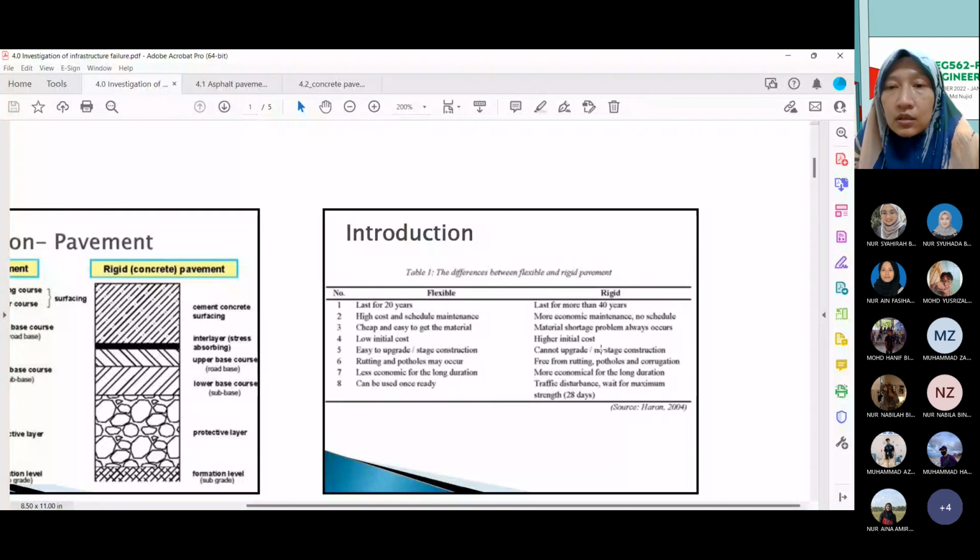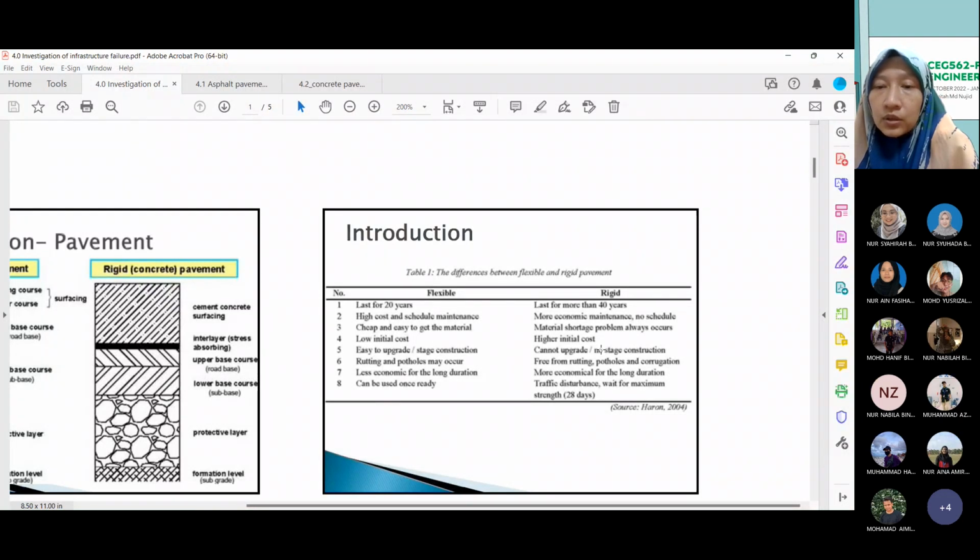All these mixtures depend on your concrete mix design. If you have a good concrete mix design with appropriate weights of the materials, you can produce a good strength of the concrete cube. However, if you have a problem obtaining the specific materials to form the concrete, that will affect the concrete strength itself.